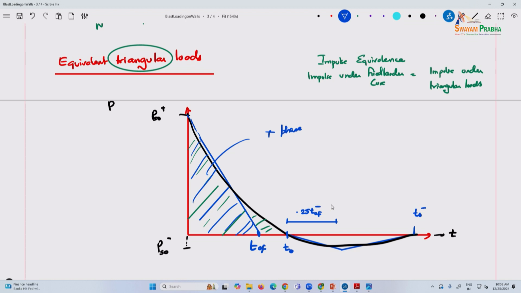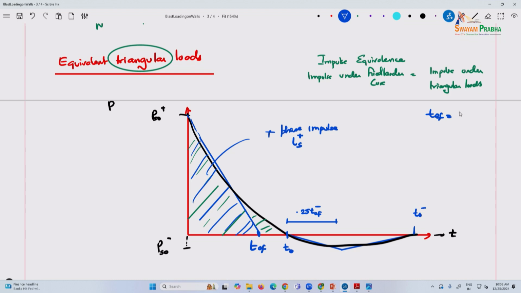So TOF is basically, let's say the positive phase impulse is Is plus.